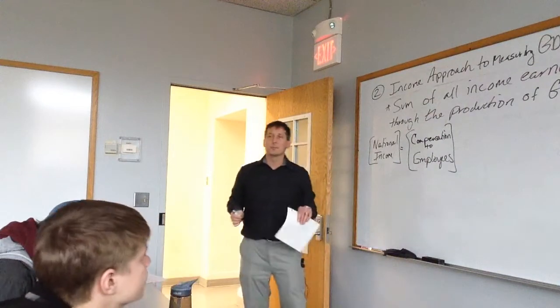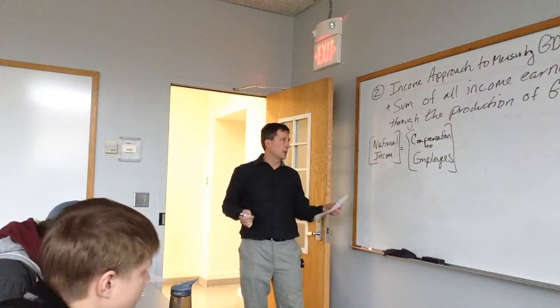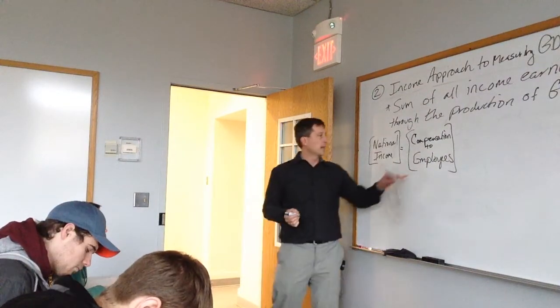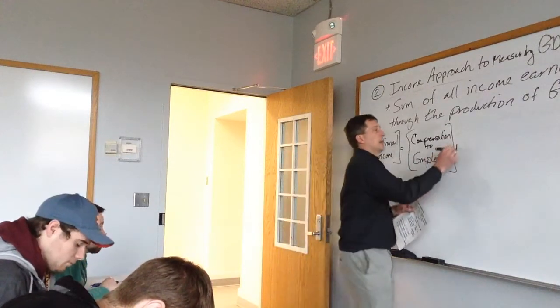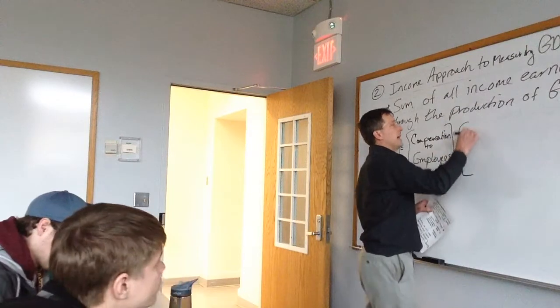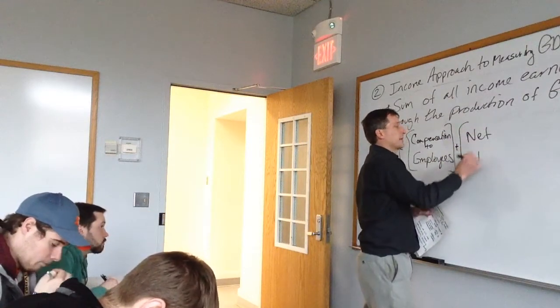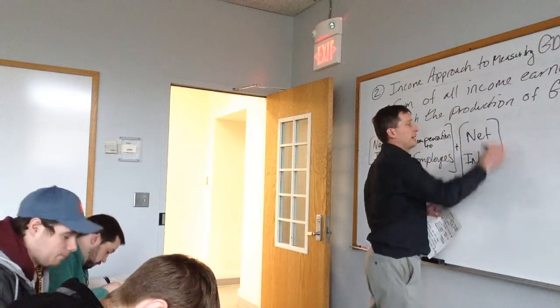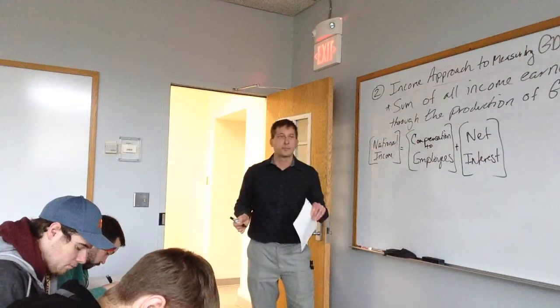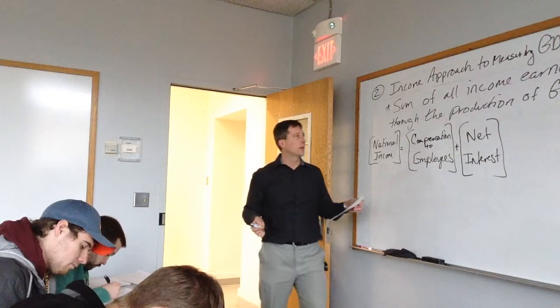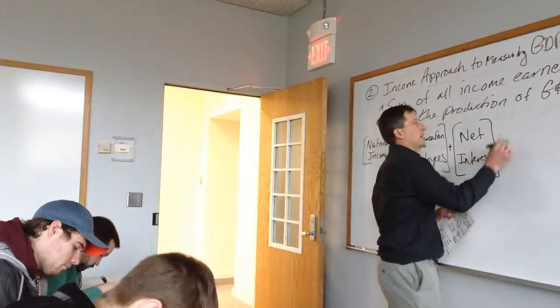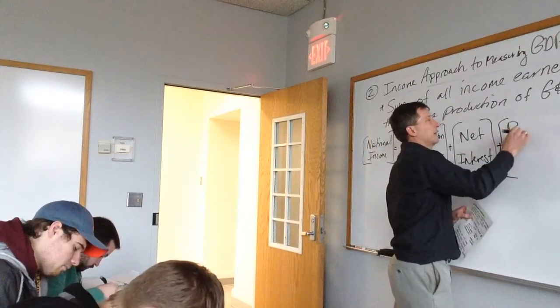That's a biggie. Lots of workers out there, even though unemployment's higher than we want it to be, there's a lot of money being made by employees. Plus net interest, money that you earn on some of your investments or savings, plus rent income.